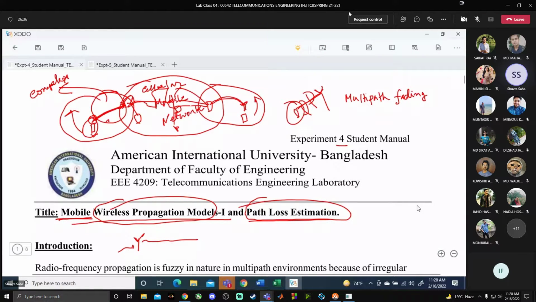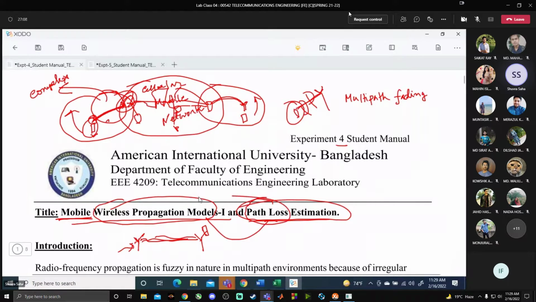Okay, so what I was saying is that propagation models are nothing but some mathematical equations relating the different sources or factors of losses between your transmitter and the receiver. Here the transmitter can be your mobile tower and the receiver can be your mobile set. These equations are designed to estimate the path loss.